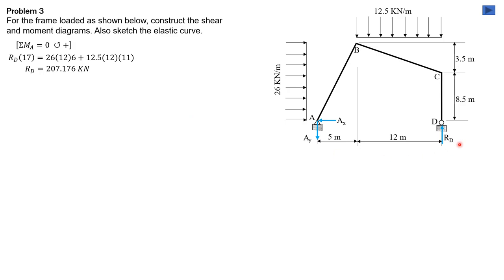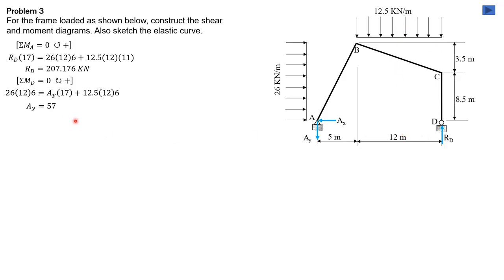Then summation moment about D equals 0, clockwise positive. So negative AY times 17, so 26 times 12 times 6 is clockwise, then equals counterclockwise moment AY times 17 plus 12.5 times 12 times 6.